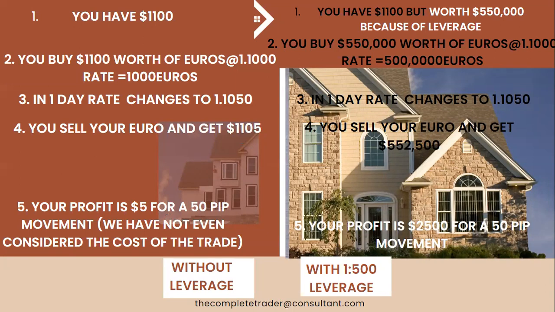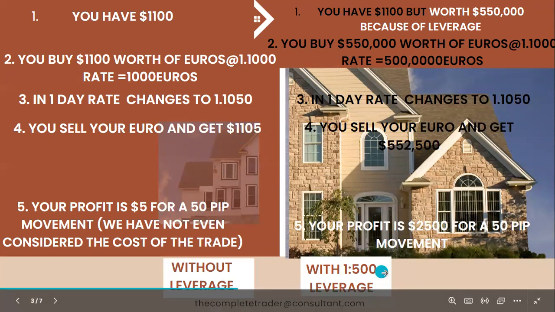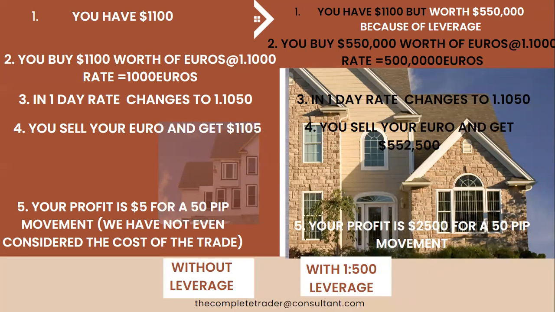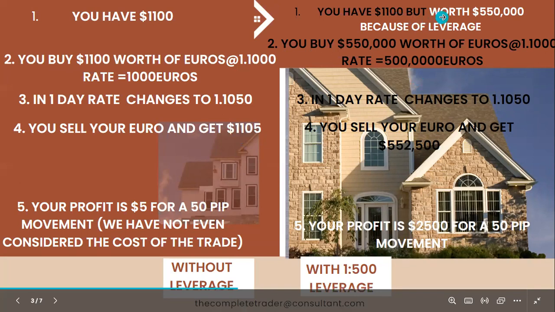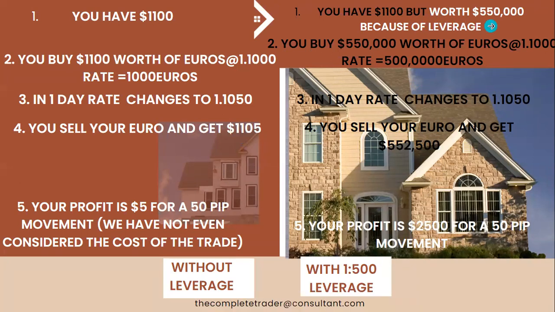Now, consider now a leverage of 1 to 500, which means $1 of yours buys you $500 worth of currency. If you have $1,100, but that $1,100 is now worth $550,000 because of the leverage, you buy 550,000 worth of euros at the same exchange rate as before, and that will give you 500,000 euros.